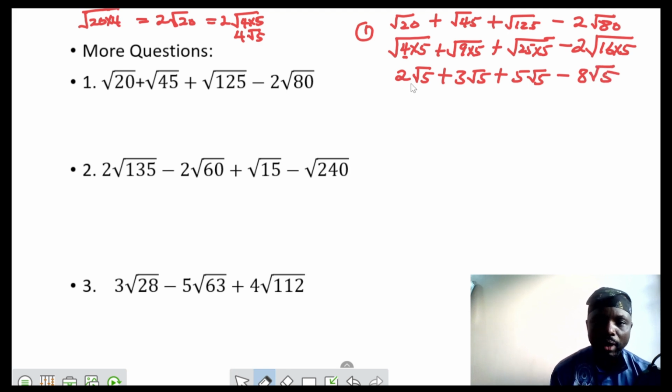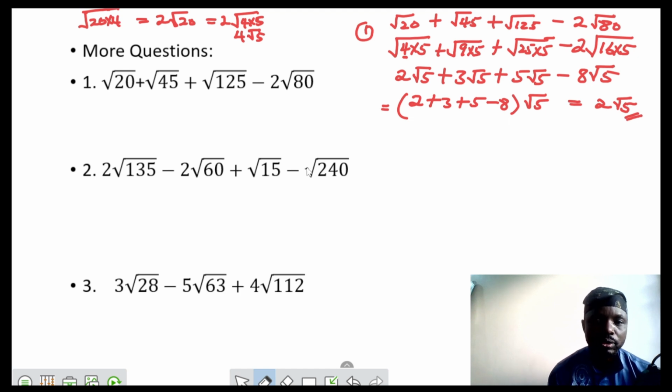So 2 root 5, 3 root 5, 5 root 5 and 8 root 5, root 5 is common to all of them. So I can collect like terms, that means 2 plus 3, plus 5, minus 8. I factorize root 5 out because it is common to all of them. So I can now add my values. 2 plus 3 gives 5, plus 5 is 10, 10 minus 8. The answer will be 2 root 5.